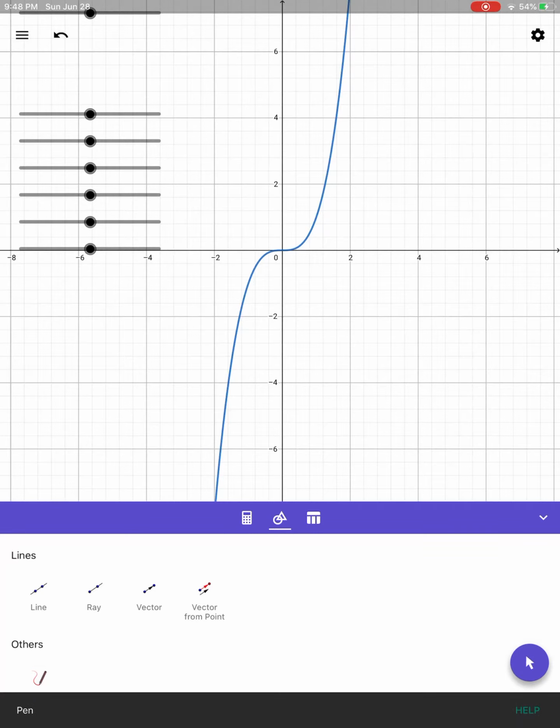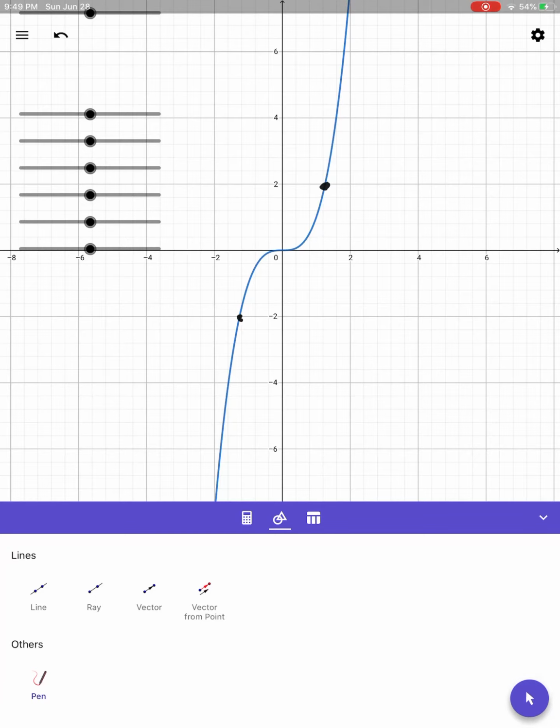Yeah, I deleted it. Okay, so let me consider it here -2 and +2. So if I join this, now you can see that they are of equal length, and from this point if I draw a line to the x-axis and this point, these two lines will also be equal. Therefore it is symmetric about the origin.